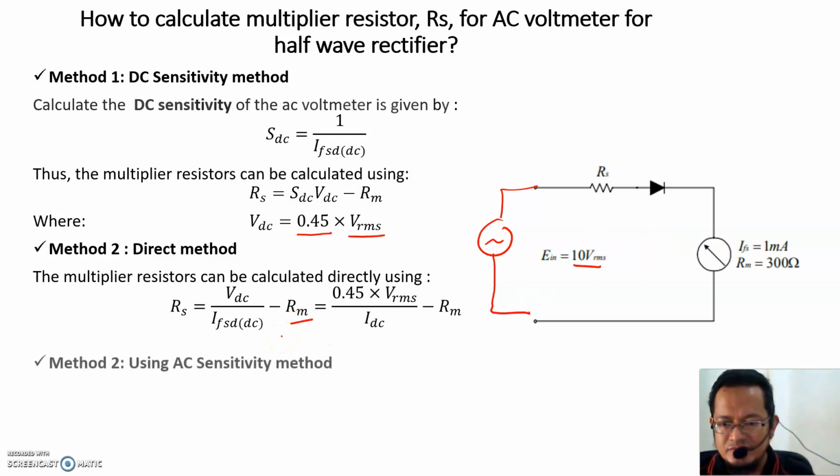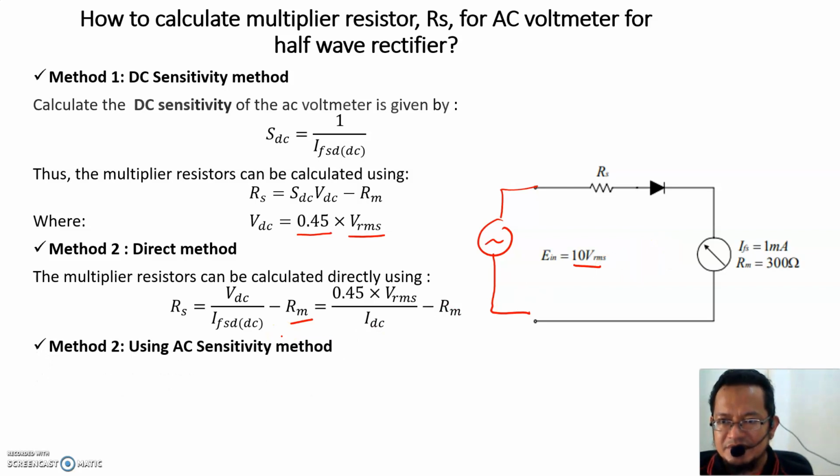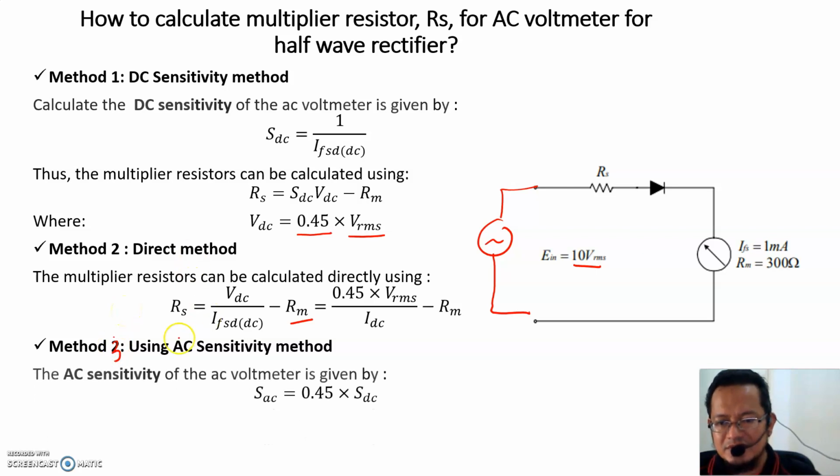Then method number three. Sorry for my typo, this is method number three. You can use the AC sensitivity method, where the formula is given by SAC. The AC sensitivity is equal to 0.45 multiplied by the SDC.